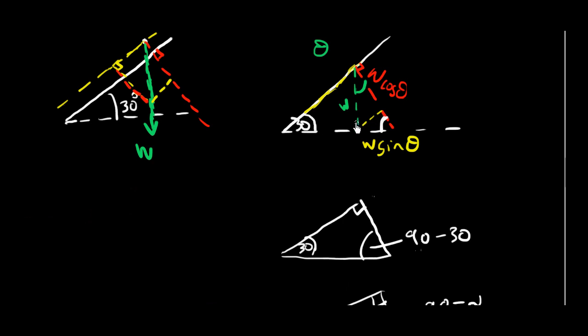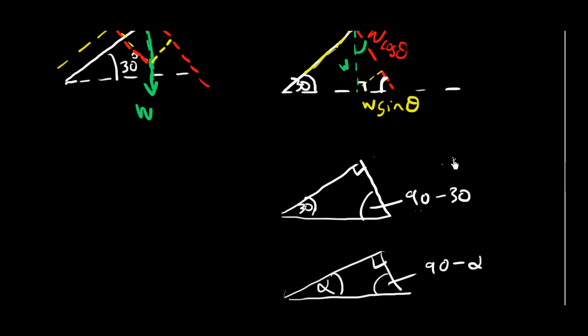Then since this one is 90 here, that one is going to be 90 minus this one, because that's 90 and these two are 90. So the one that we're interested in here, theta, has to be 90 minus this one here. And this one here we just said was 90 minus alpha.